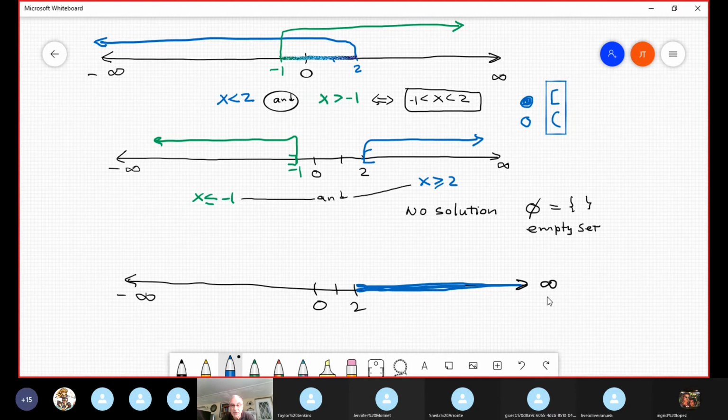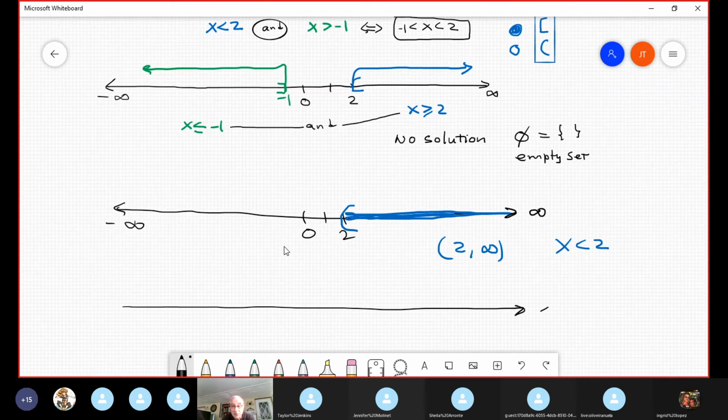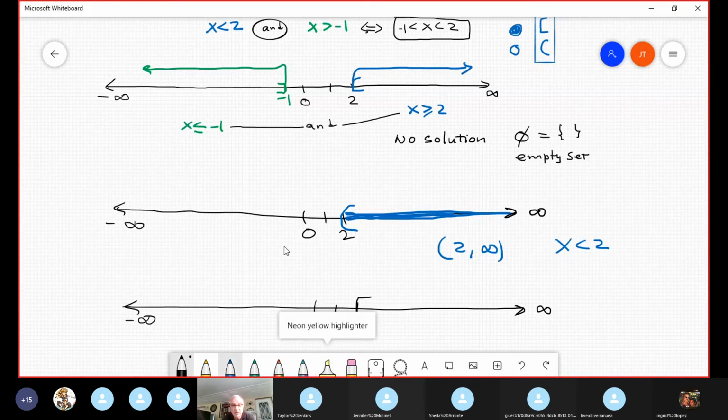The symbolic way to indicate this graphically is using that symbol, an empty circle, or a parenthesis. So when it does not include the endpoint, it's a parenthesis. When it includes the endpoint, so it's x less than 2. When it includes the endpoint, in this example 2, the way to indicate that is, let me do another number line with the same idea: 0, 1, 2, but in this case including the endpoint, so a bracket here.